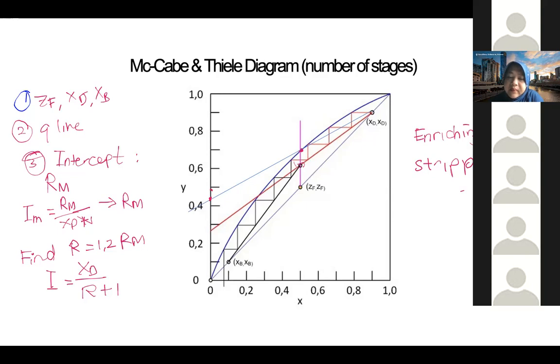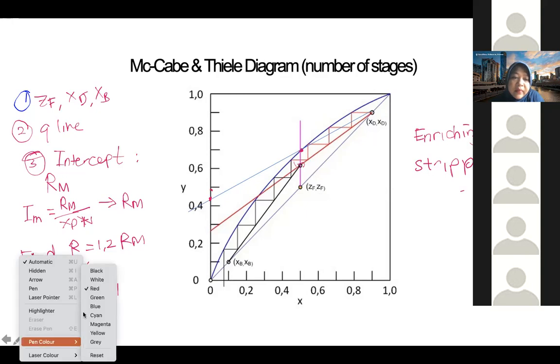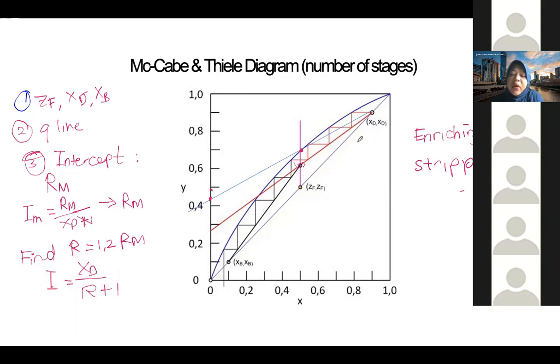Is it based on a graph, Bu? Yeah, you can see this graph and then you can explain it, which one first that you have to put. Identify the intercept, I guess. Yep, but before that you have to locate them first. The XD, the XB, Bu. Yeah, right.